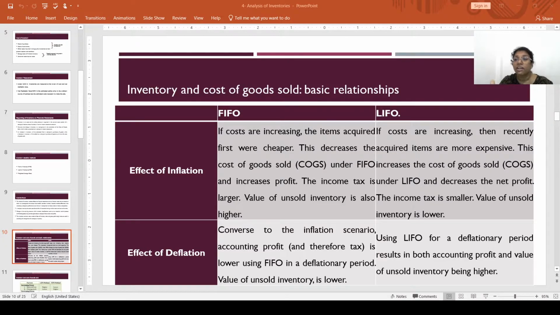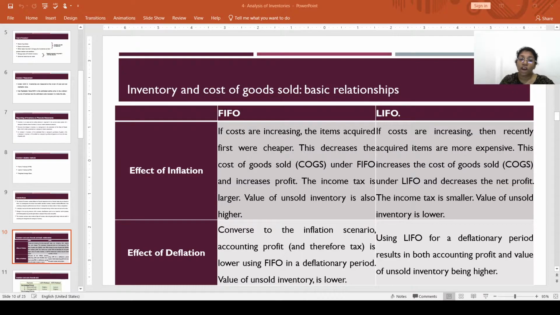Now let's see the effect of deflation. Deflation means the current price is gradually decreasing. When there is an economic boom, we can see a reduction in the price. So this is converse to the inflation scenario. Here, under the FIFO method, in the deflation period, the value of unsold inventory will be lower.